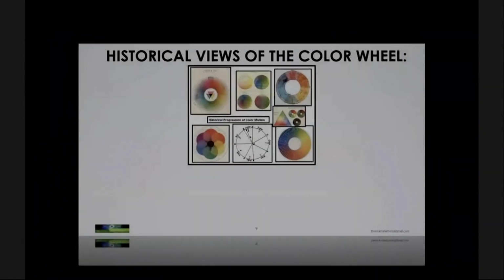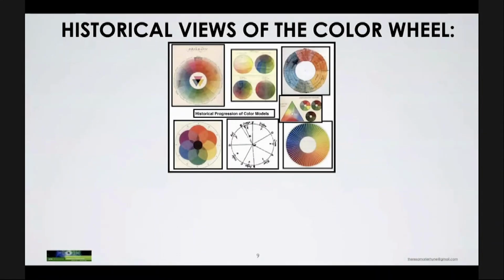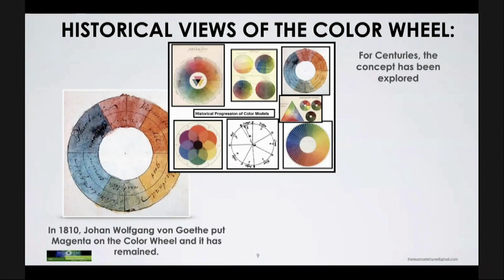Newton did not specify or discuss this in his writing, but years later, a guy named Goethe would come along, and he would challenge Newton. Newton was long since in the grave, but Goethe would challenge his theories, and he put magenta on the color wheel, then that space between purple and red, and it stayed there ever since.